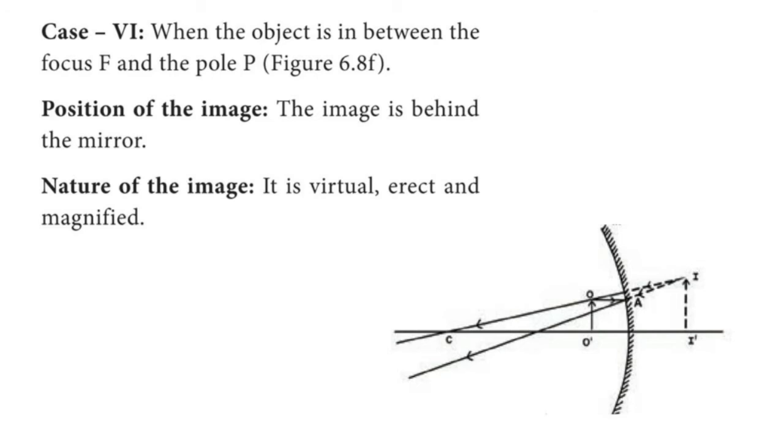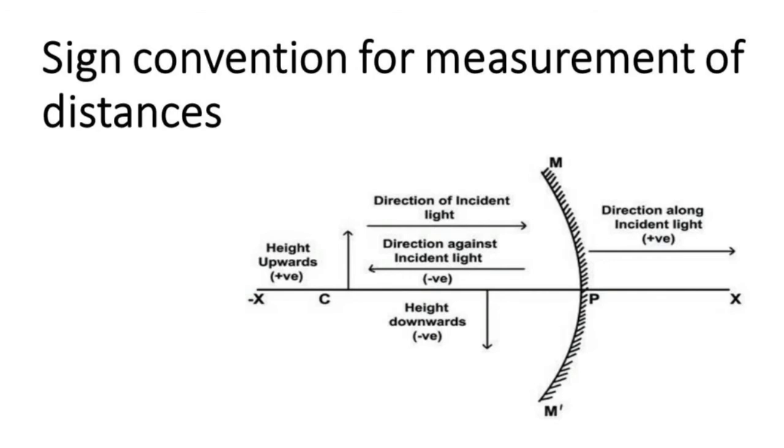So keep it in your mind: when the object is kept in between focus and pole, the image is formed behind the mirror, not in front of the mirror. The nature of the image is virtual, erect and magnified.